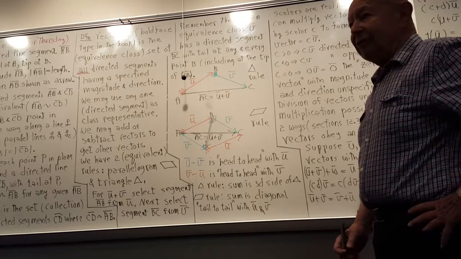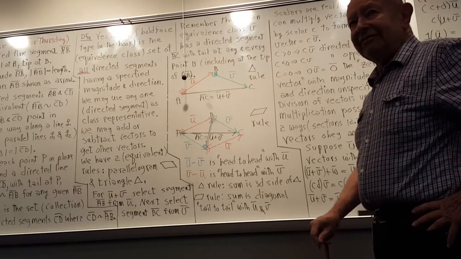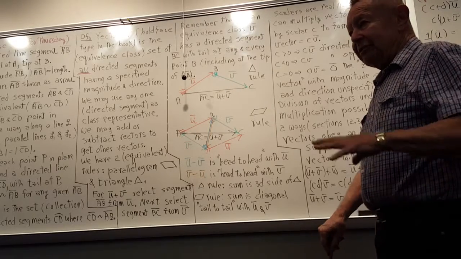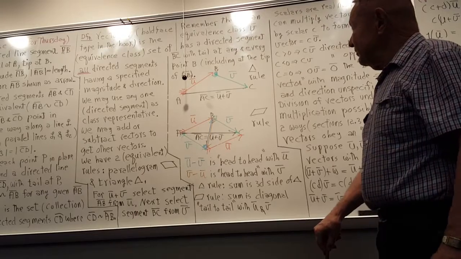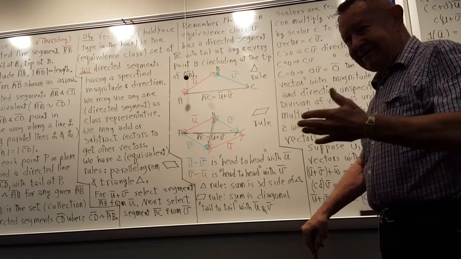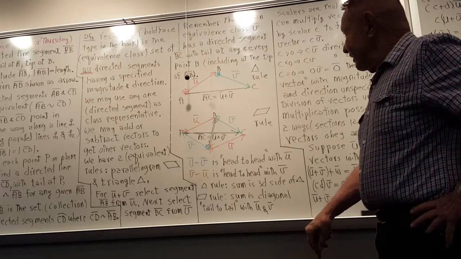So when you need one, when you're adding vectors, for example, as I'm doing over here, you put down one arrow and then you need one that will have its tail right at the tip of that first one.